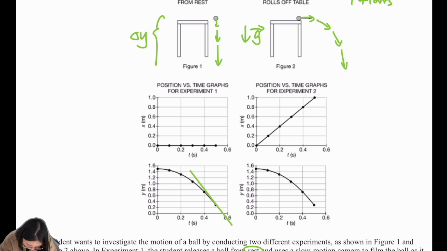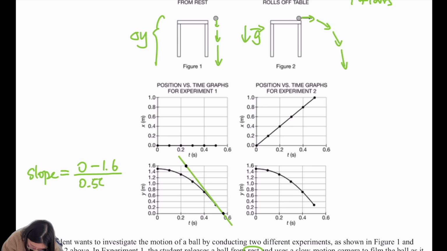And then how I'm going to calculate the slope is by picking any two points on this line. So I can pick this point and this point. Approximately, its slope when it has reached the ground is going to be delta y divided by delta t, which is 0 minus 1.6 divided by 0.55 minus 0.25.